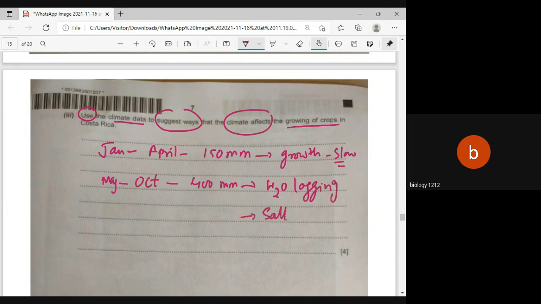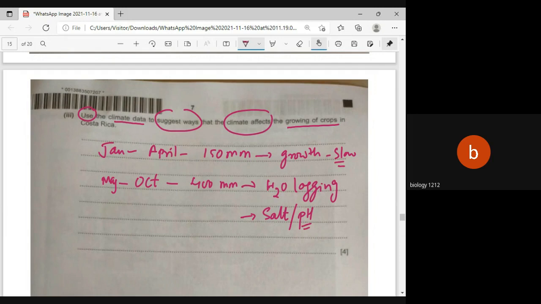Because when evaporation is not there, it is wet condition, humidity is more, so water logging will be there, evaporation won't take place, due to which more amount of salt and pH of the soil will be getting affected. That will actually affect the growth of the crop or growth of the plant.